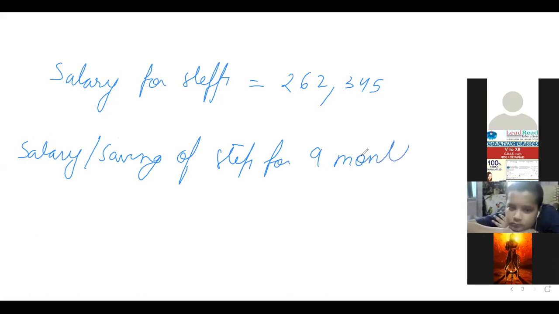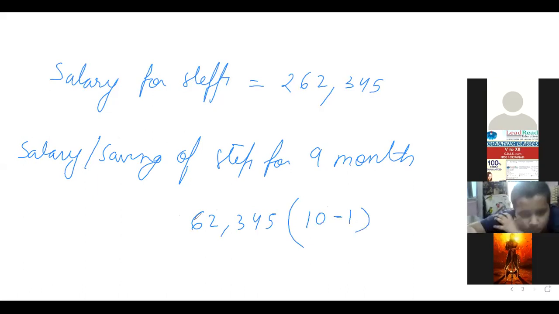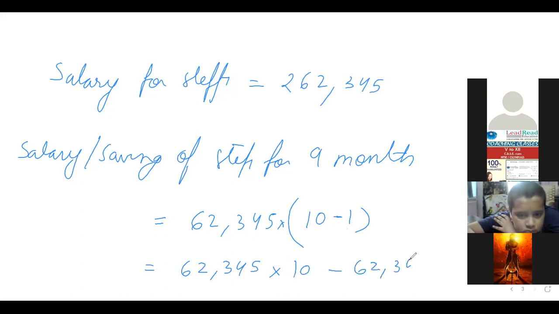How can we find it? Let's say 62,345. In place of 9, if I write 10 minus 1, this gets converted into the distributive property. So what does it say? I have to multiply 62,345 by 10, minus 62,345. So do the calculation.